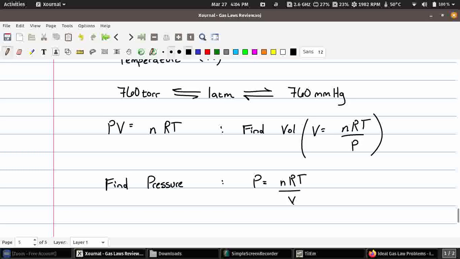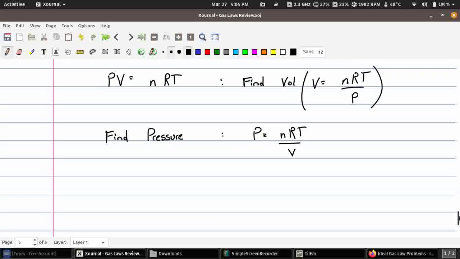They are inversely proportional. If I said find the moles, you would divide out RT. So n would be equal to PV divided by RT.